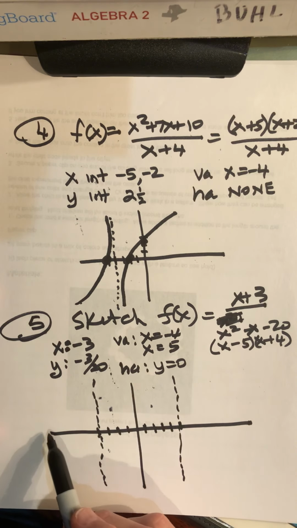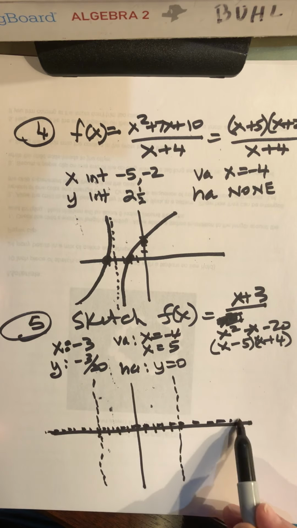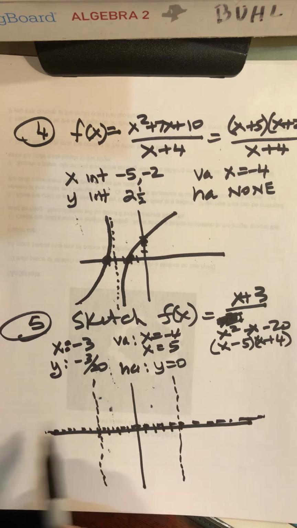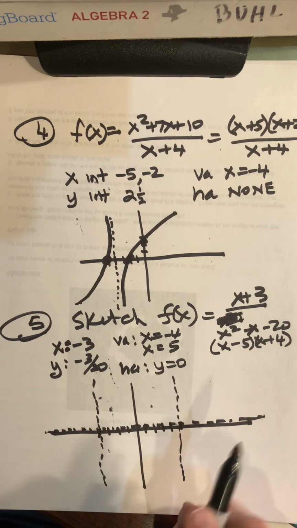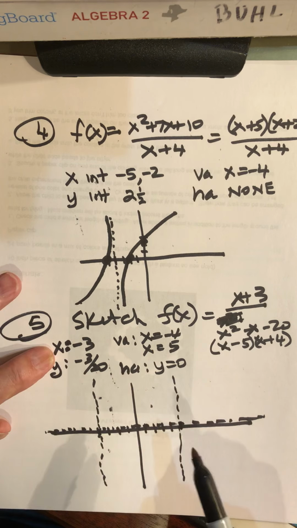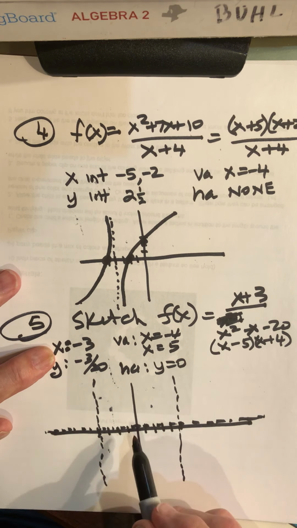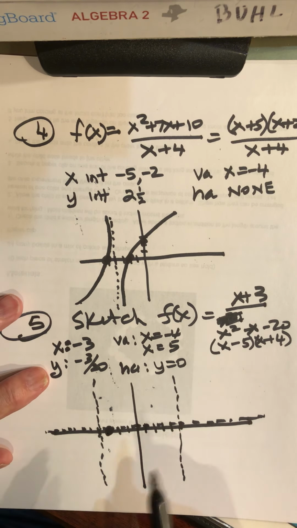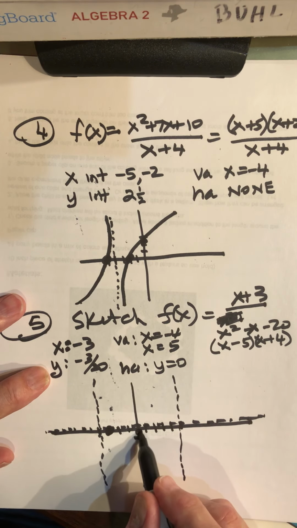I'm going to go horizontal asymptote, y equals 0. So there's an asymptote running right there. And remember, at the far extremes, right and left, you cannot cross y equals 0. Okay, the x-intercept is at -3. And the y-intercept is -3 over 20. That's going to be right in here.